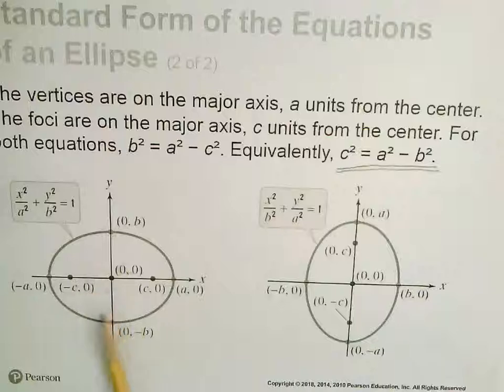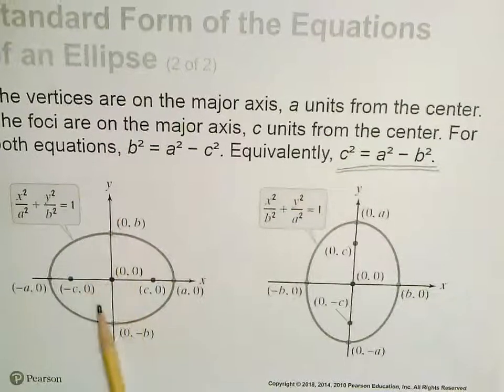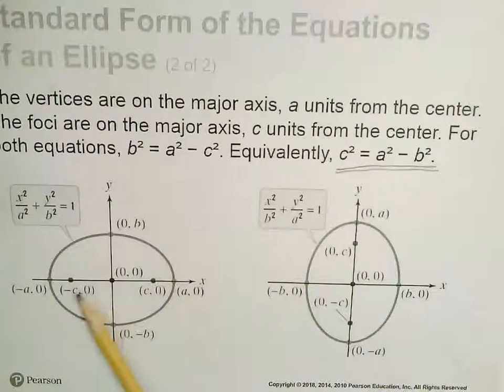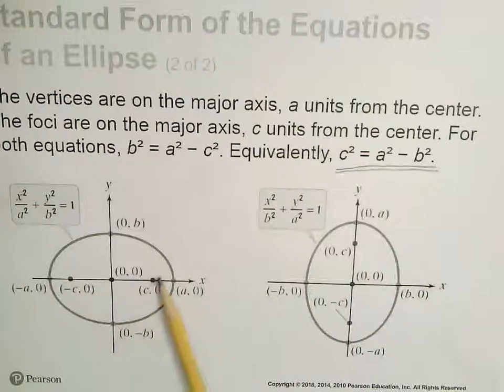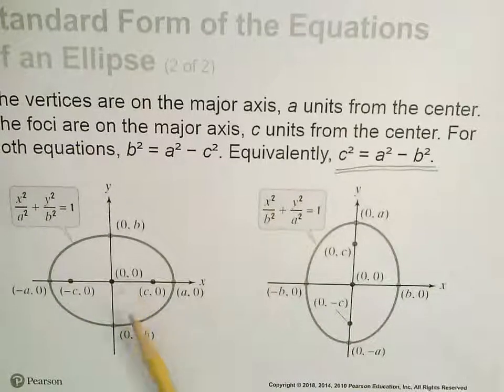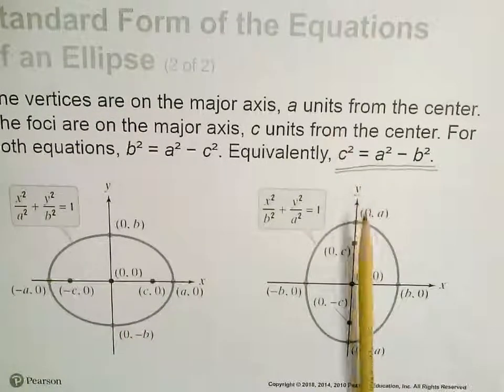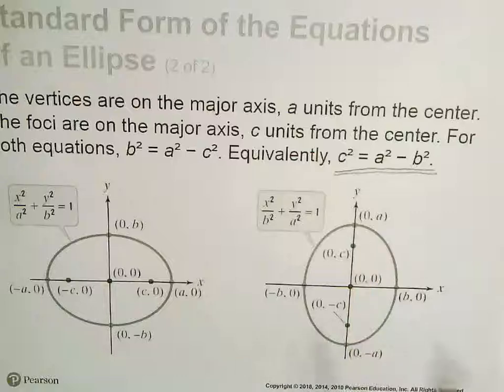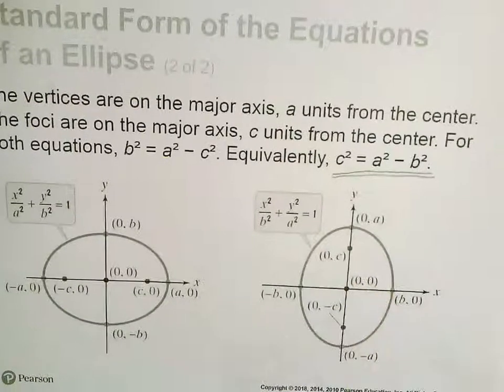The B's represent the endpoints of the co-vertices. Notice that the C, which is the focus point, is always on the major axis. Here, the major axis is horizontal. Over here, the major axis is vertical. Again, notice that the C, the focus points, are on the major axis.